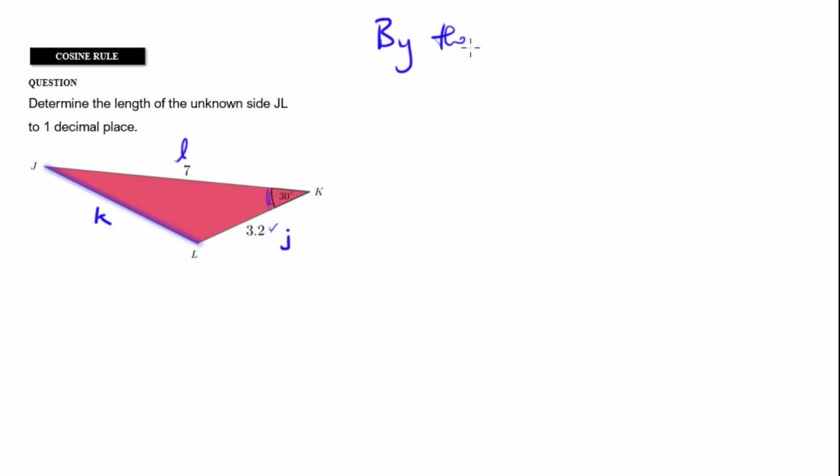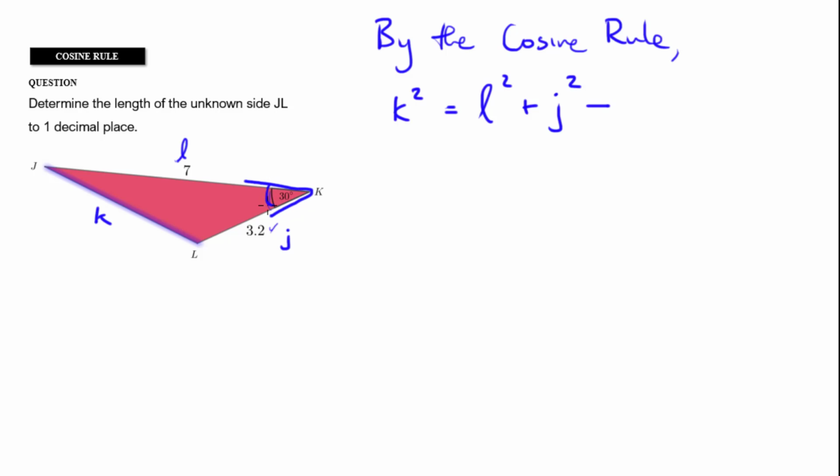So by the cosine rule, we know that k squared, which is what we want, is equal to l squared plus j squared minus, we're going to take these two sides and the angle between them, so it's going to be 2 times l times j times the cosine of capital K, or the angle K. Now that we have that, all we need to do is substitute.